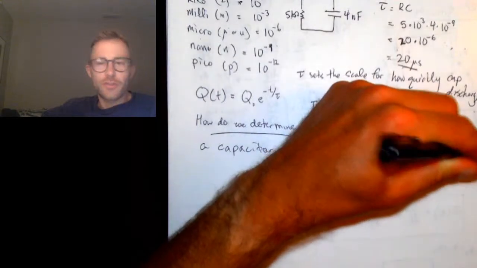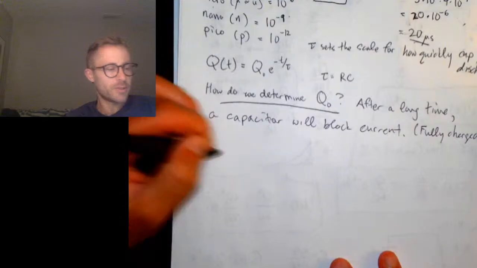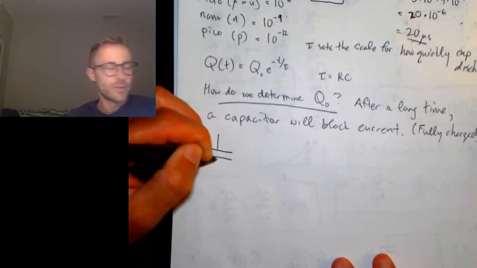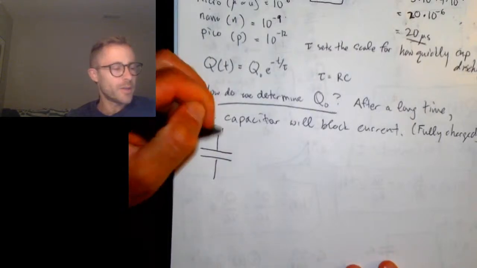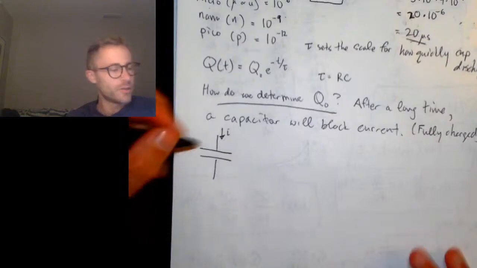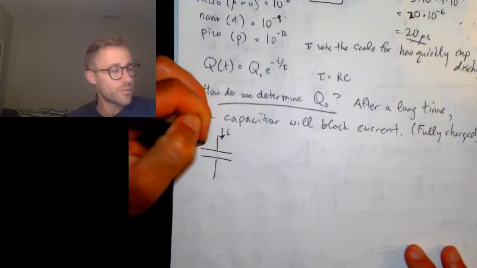But to understand why a capacitor will become fully charged, you can imagine a capacitor as two metal plates. If you have current going down into the capacitor, then you're taking positive charge and piling it onto the top plate.